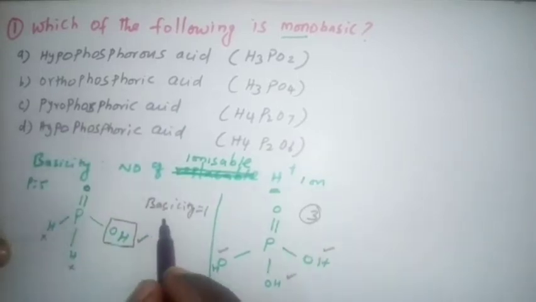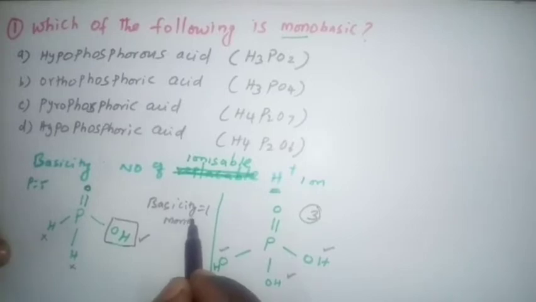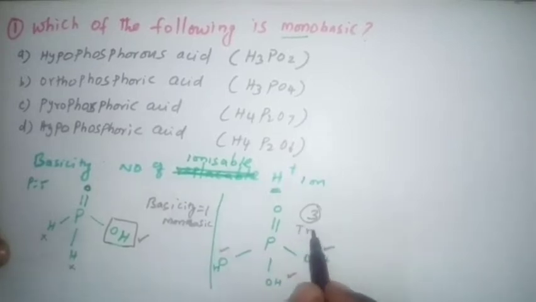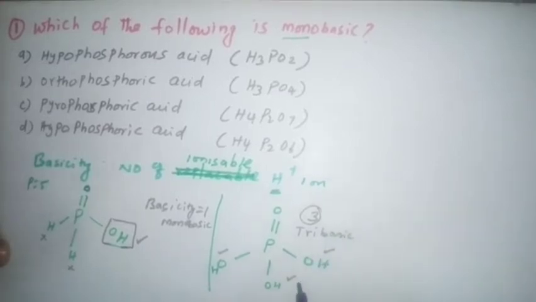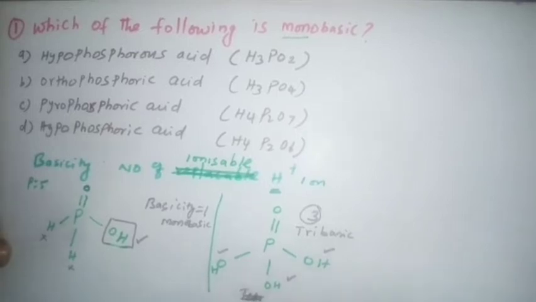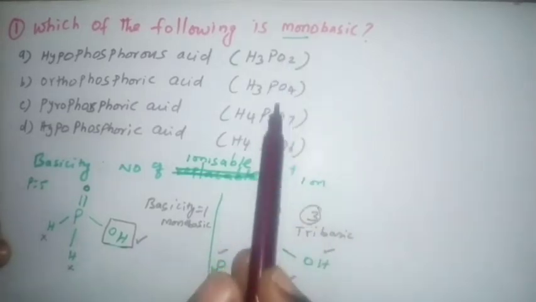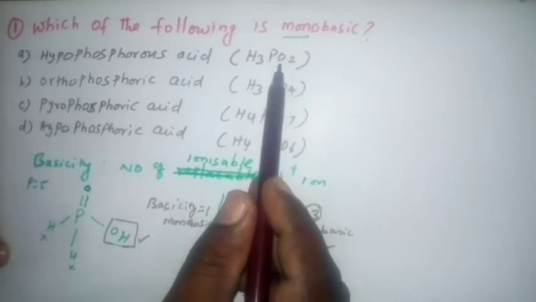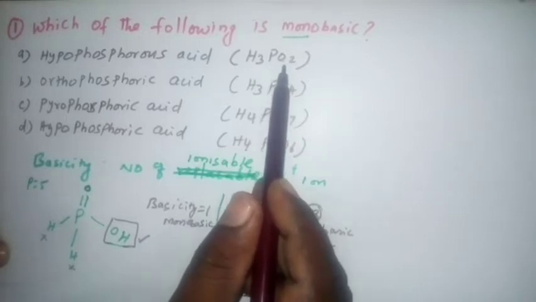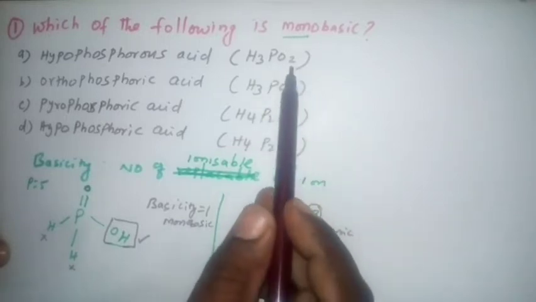So this is monobasic. Mono means single, only one basic, and this is tribasic. If 4 hydrogen ions are ionizable, that is tetrabasic. Now you count the number of oxygen atoms. The trick is, if the question asks for basicity, count the number of oxygen atoms, then subtract 1.